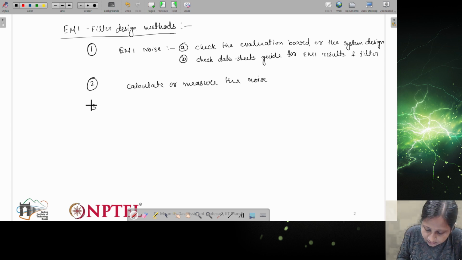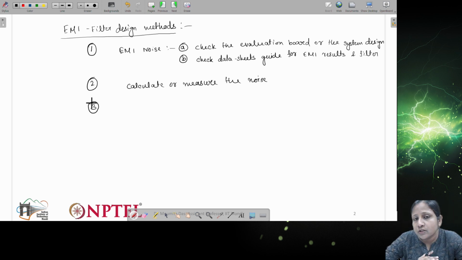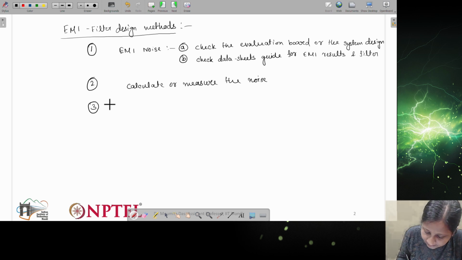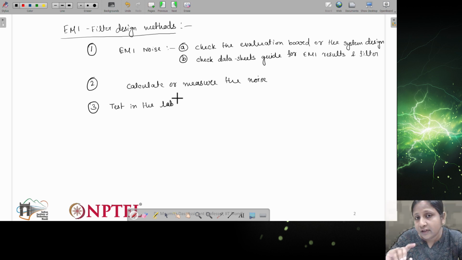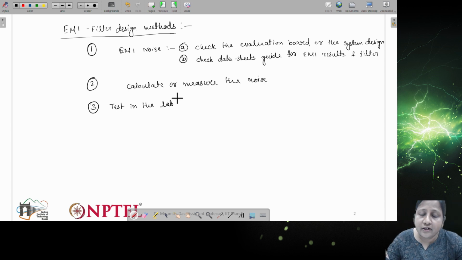Okay. Now third is that once we have the information, then we have to design the filter. Once we design the filter, we have to check whether that filter is suitable or not. We have to check by connecting it in the system, or check in the design steps, whether it is attenuating the required noise or not. Test in the lab, and if it is suitable then it is fine, no problem.